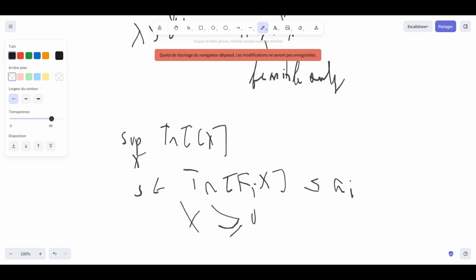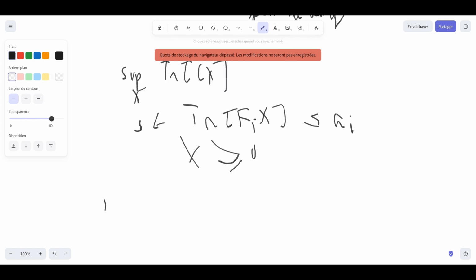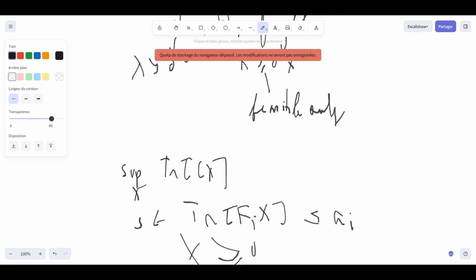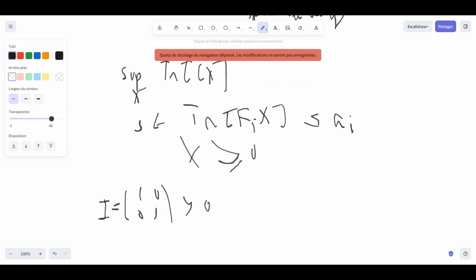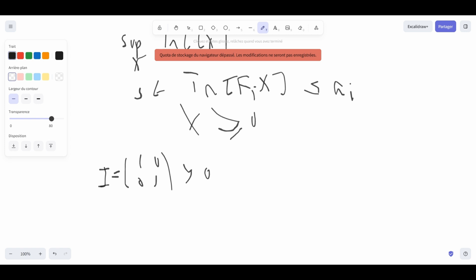And so if we take, for example, the identity, which is a real trick because it works a lot of the time, we know it is strictly feasible in a way.